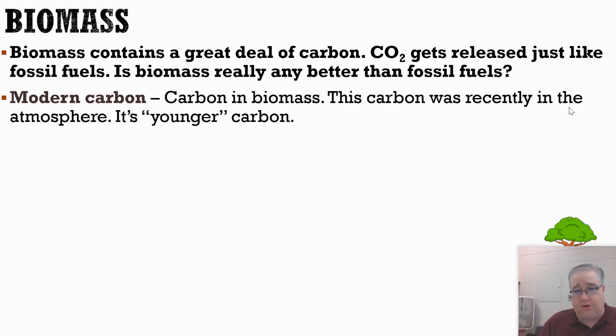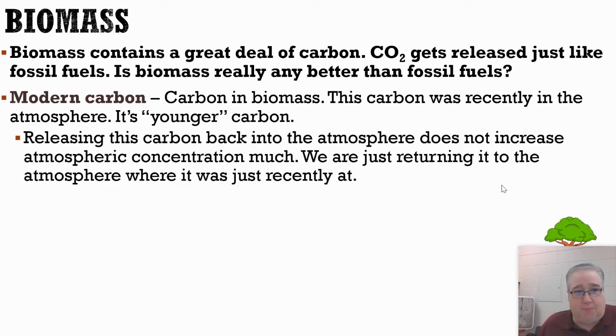And remember what trees do, right? They store carbon, because they are photosynthetic, so they take in carbon dioxide, they give off oxygen. But that carbon that is in trees was just in the atmosphere. That just got recently taken out. So we call that modern carbon, or young carbon, because it was just pulled out of the atmosphere recently.